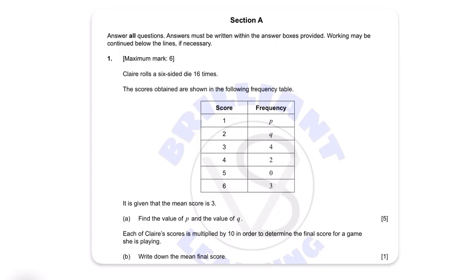So for part A, where we want to find the values of P and Q, I'm going to set a system of equations up. The first equation is from the sum of the frequencies. Here we have all the frequencies, and they add up to 16 since she rolls the die 16 times.